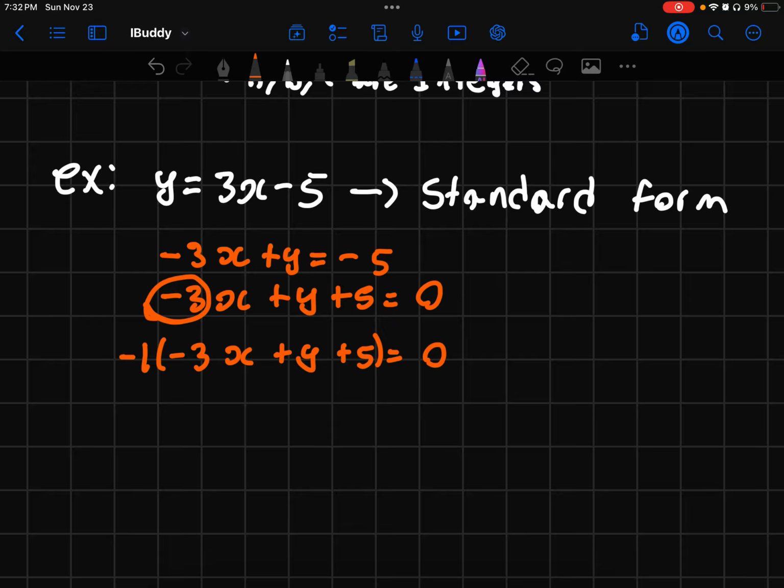Now what this does is it makes the 3 positive. So this turns into 3x minus y minus 5 is equal to 0. That is basically what that does to the equation, and that's how you get standard form.